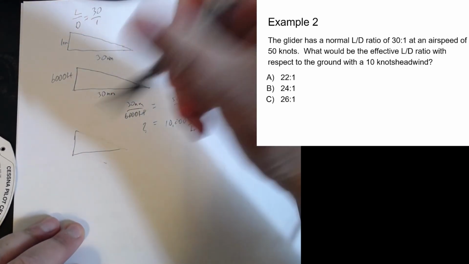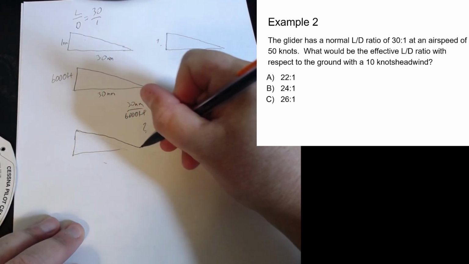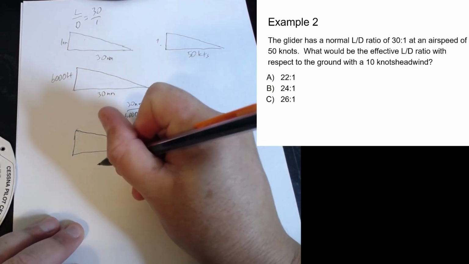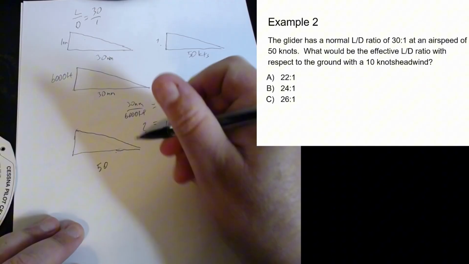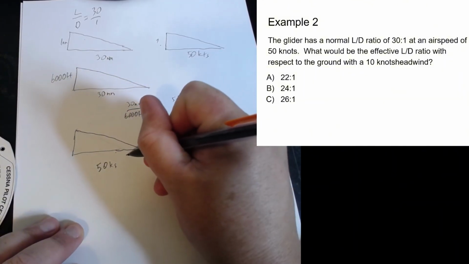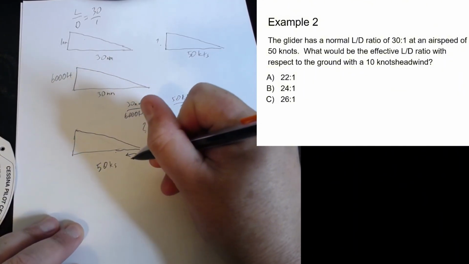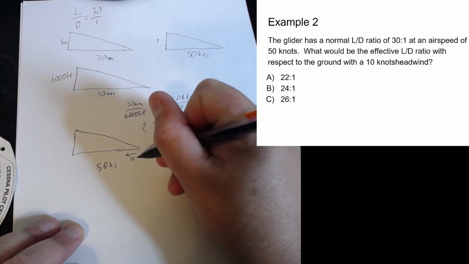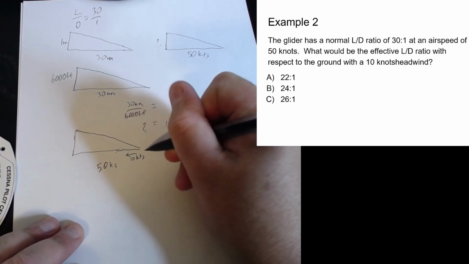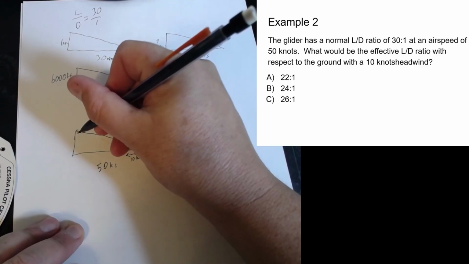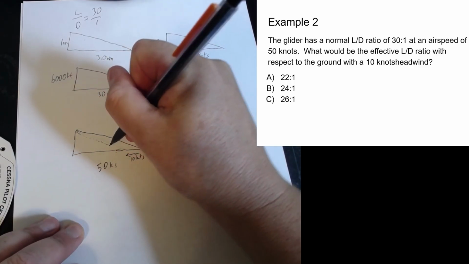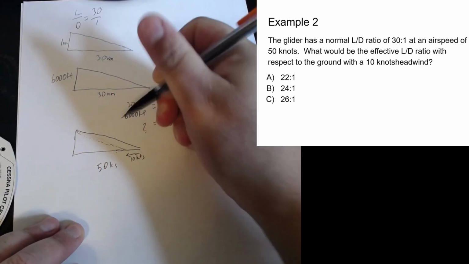Make it a lot easier if I draw it bigger. Normally we'd be going 50 knots, but we actually have a 10 knot headwind. 10 knots of headwind. So now instead of extending our glide, it's actually reducing our glide.